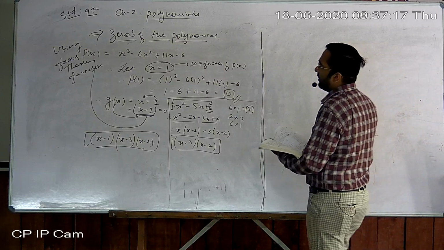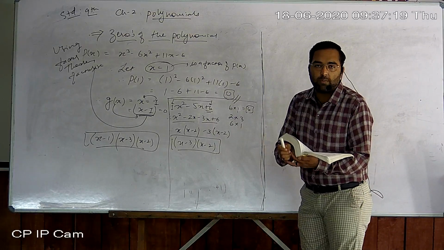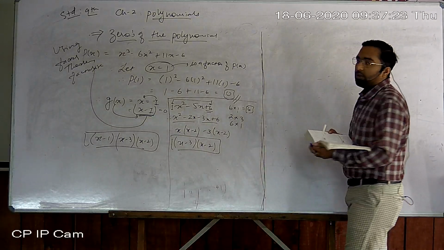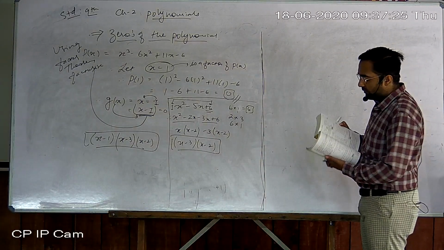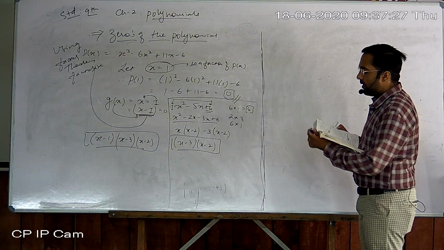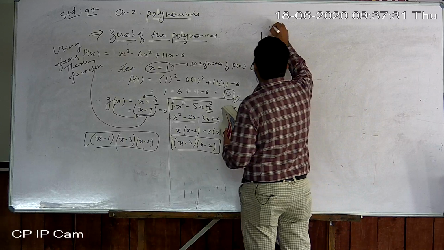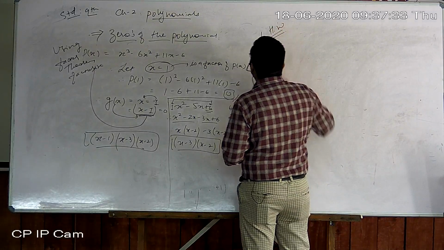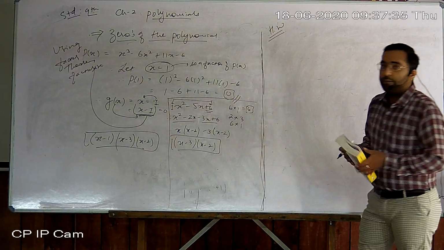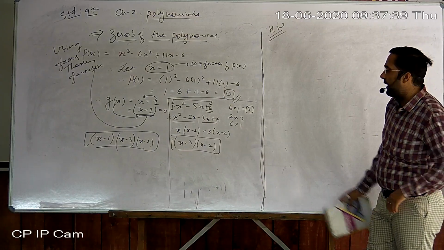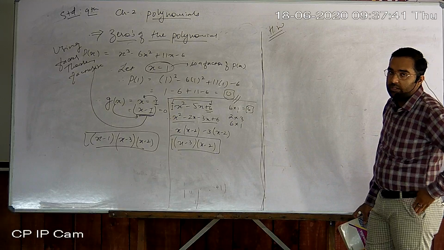One case is where p of x and g of x are both given, and the second case is where only p of x is given. In both cases you have to learn the long division method and also revise the middle term splitting method.